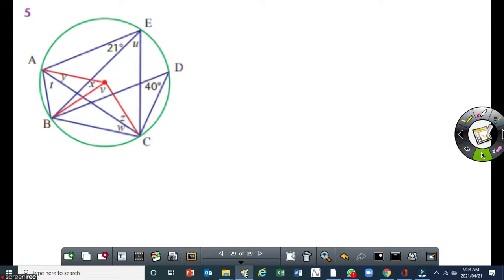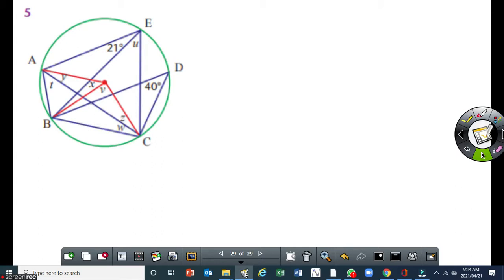I did theorem 1, a line from the center perpendicular to a chord bisects the chord, together with the converse, a line from the center to the midpoint of the chord bisects the chord. Then I did theorem 2, angle at the center is 2 times angle at the circumference.